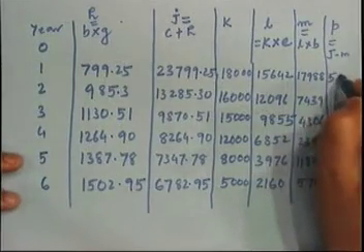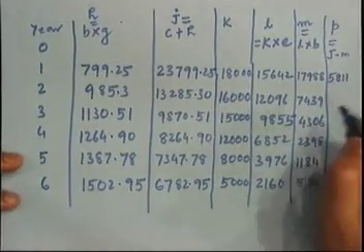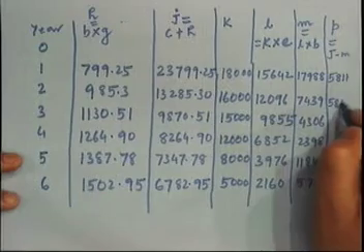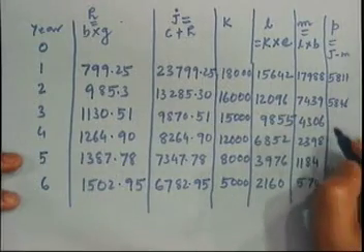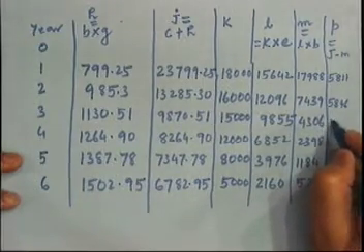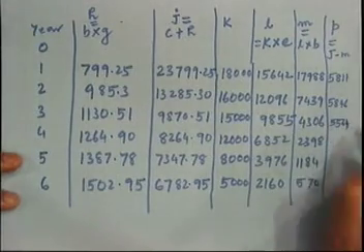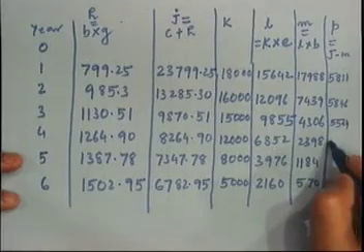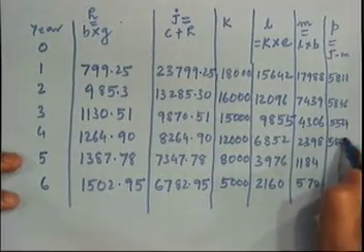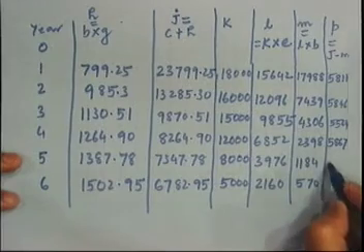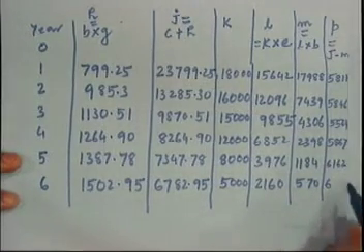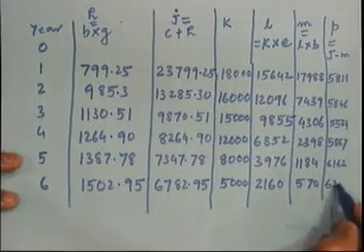So, year 1 it would be 5811, year 2 it is 5846, year 3 it is 5564, year 4 it is 5867, year 5 it is 6162, year 6 it is 6213.